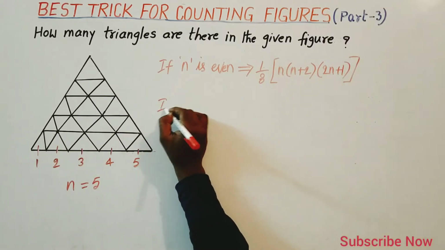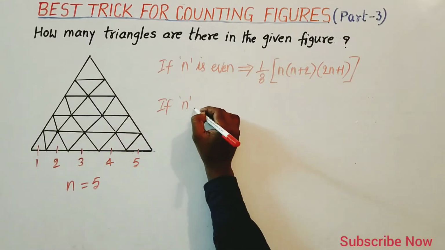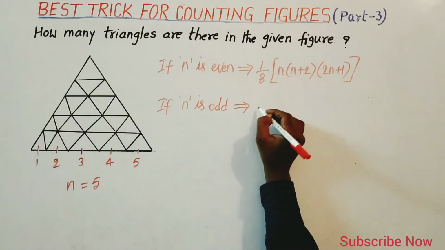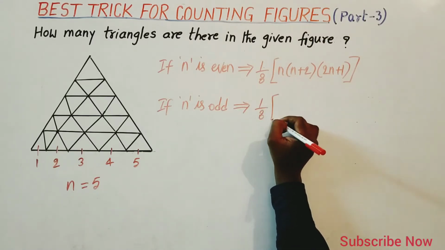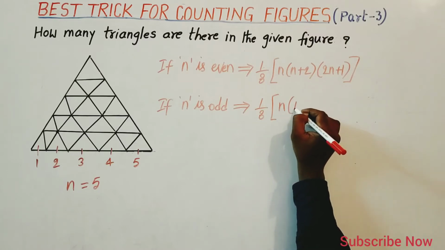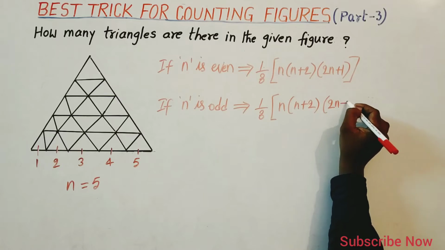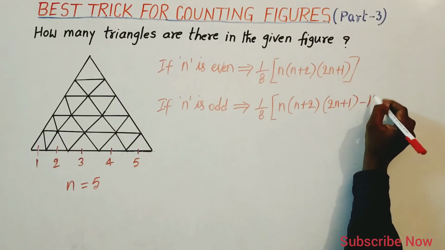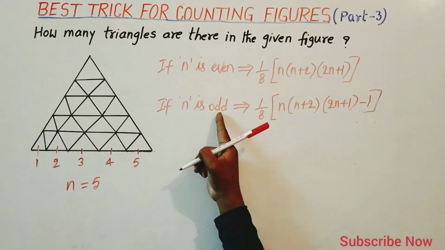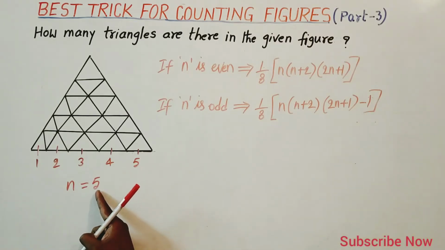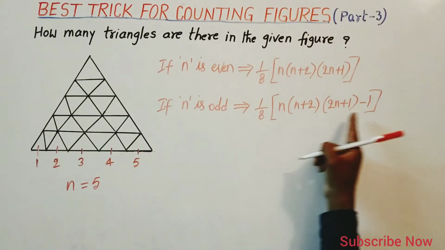But if n is an odd number, then the formula is 1 by 8 of n into n plus 2 into 2n plus 1 minus 1. If n is an odd number, you have to use this formula. Here n is equal to 5. 5 is an odd number, therefore you use this formula.